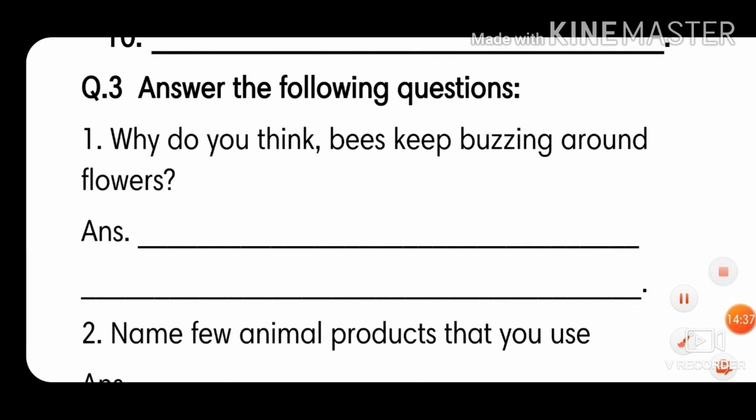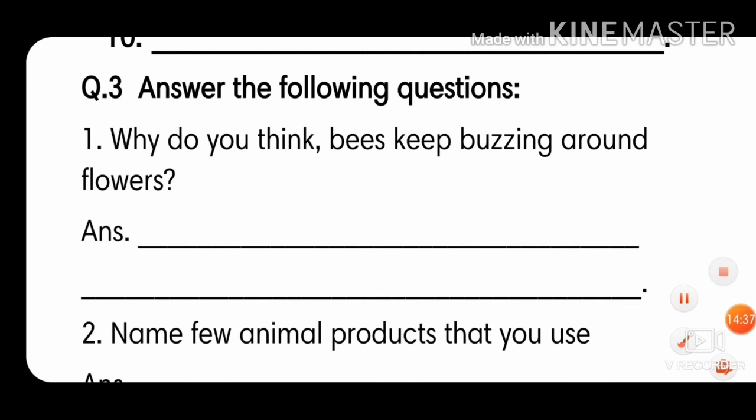You search it and you write it. Maybe ऐसा हो सकता है that they just feel good when they see flowers. That's why they are busy buzzing, right? So try to find out the answer by yourselves, and you have to write. Obviously I'll be sending the answer keys, but I would be happy if you write it by yourselves.